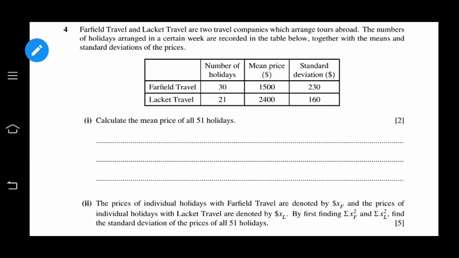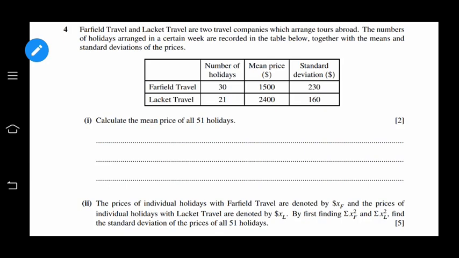Fairfield Travel: number of holidays is 30, mean price $1,500, and standard deviation $230. Similarly, Lackett Travel: number of holidays is 21, mean price is $2,400 and standard deviation is 160.